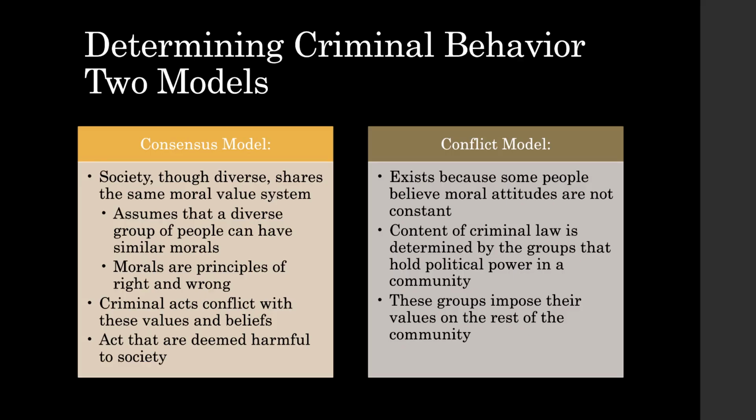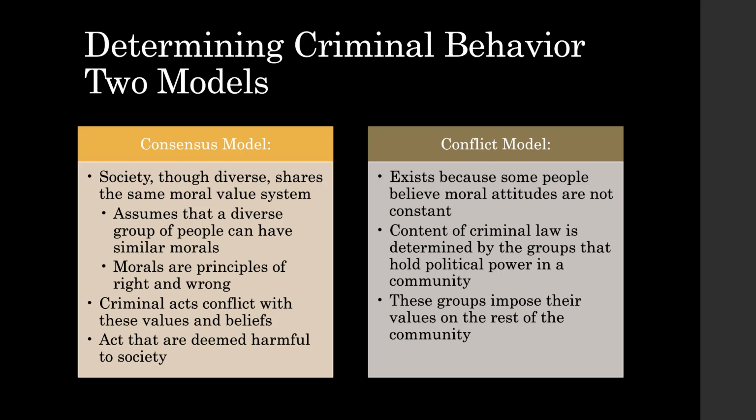Okay, your book talks about two broad models about how this is set up. It talks about what it calls the consensus model, and then it talks about the conflict model. And it says, if you want to know how a law is made, how a thing becomes a crime, the consensus model perspective says society, though it's very diverse, shares a set of similar moral values.